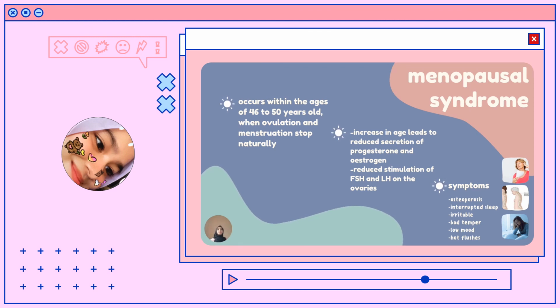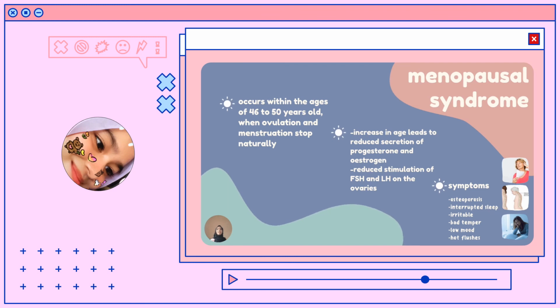You can check the details about both of these hormones: what are the functions, the target organs, the target tissues. At this stage, the ovaries will stop producing ovum.